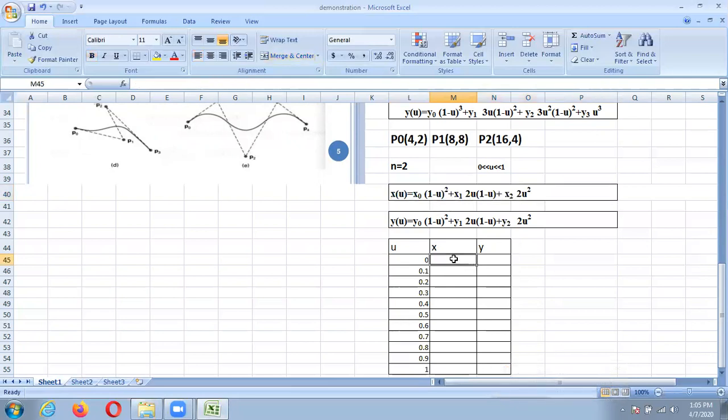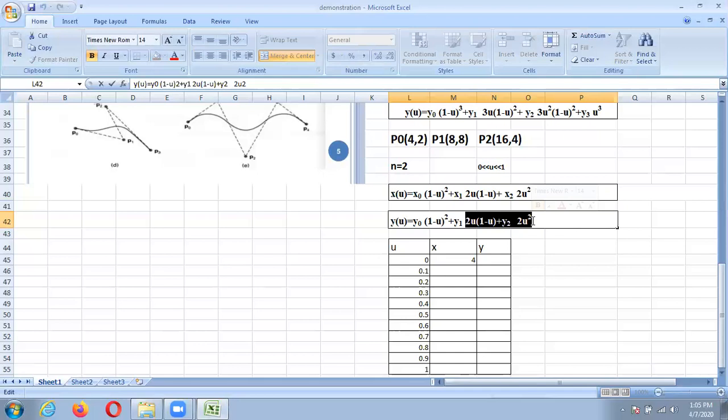So here we are getting x equals 4. The same we have to find for y. Here y0 is 2, and the other terms are multiplied by u, and u is 0, so we get only the first term: 1 squared is 1 and y0 is 2, so here we get 2.